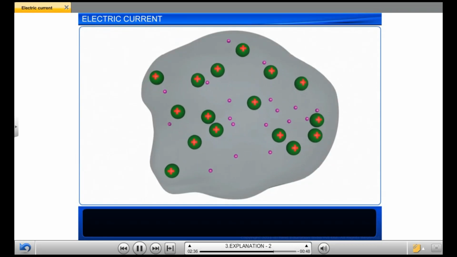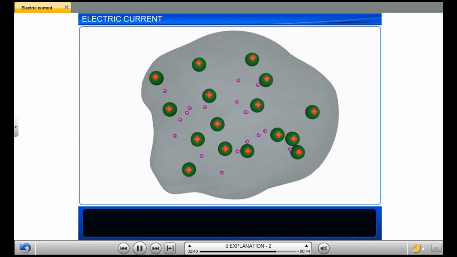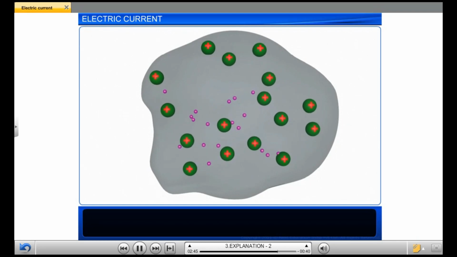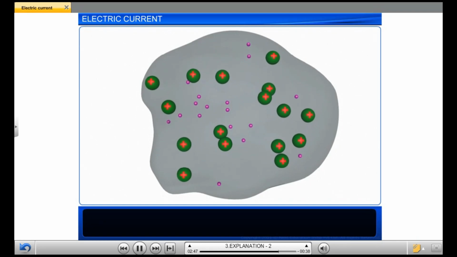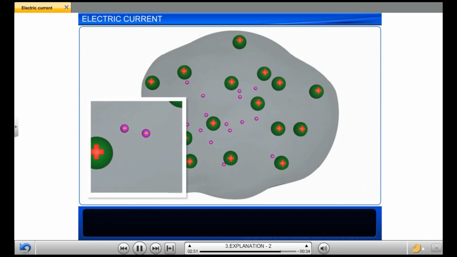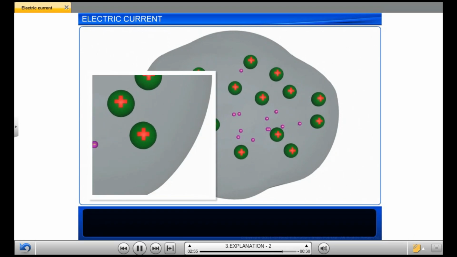In the virtual activity that we just went through, we observed a random motion of the charged particles within an enclosed space. During the random motion, the charged particles not only collide with each other, but also with the wall of the enclosed space.